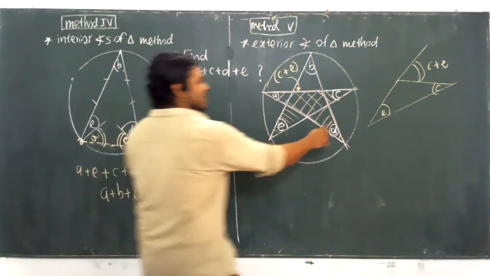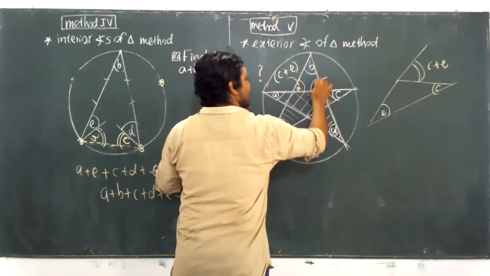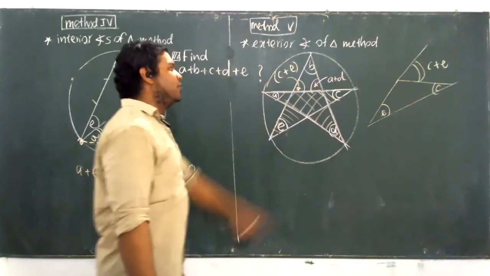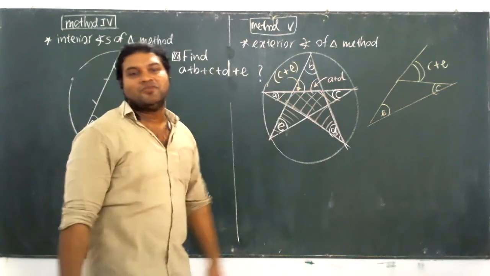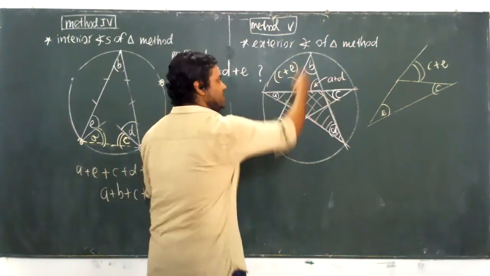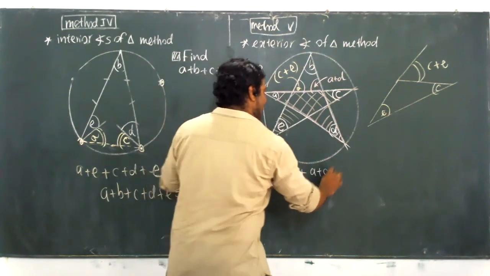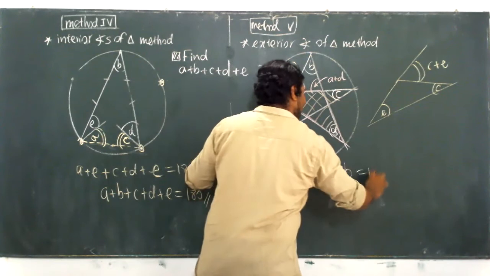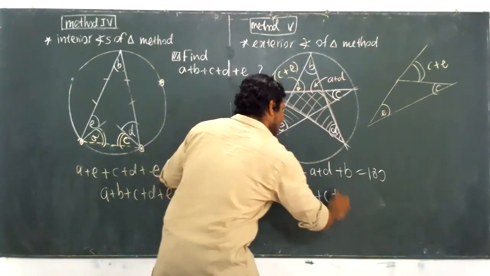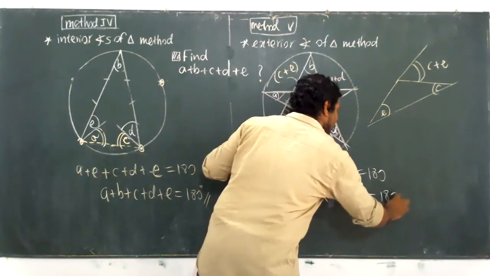This is A plus B. Now looking at this triangle, we can get the sum. Now you can totally get it. C plus E and A plus B and this B equal 180. Finally, A plus B plus C plus D plus E equal 180.